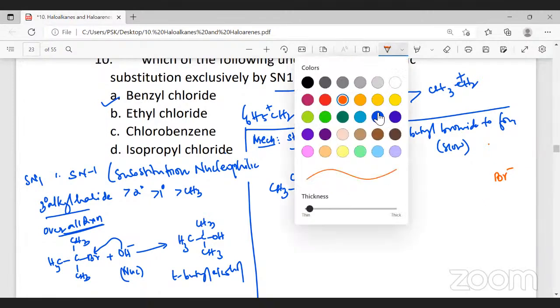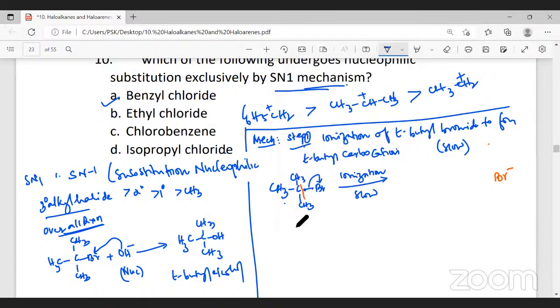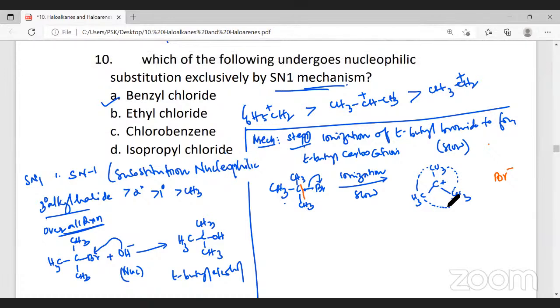And this carbon has CH3, CH3, and CH3. It forms a planar molecule in the form of a circle, and this carbon gains a positive charge. This is called a tertiary carbocation.